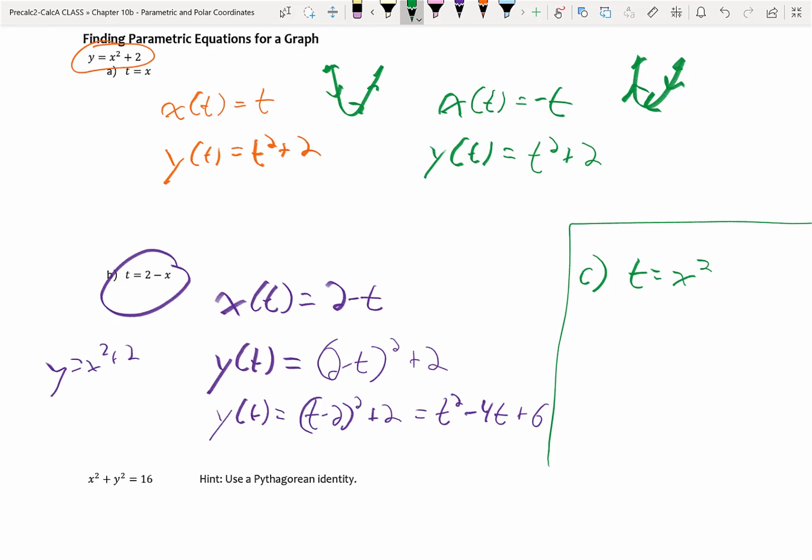That's my condition. And then if t is x squared, what's y equal to? t plus 2. And then all you have to do is simplify the x equals. So you get x is equal to root t, y is equal to t plus 2, and then you've got another version of this.